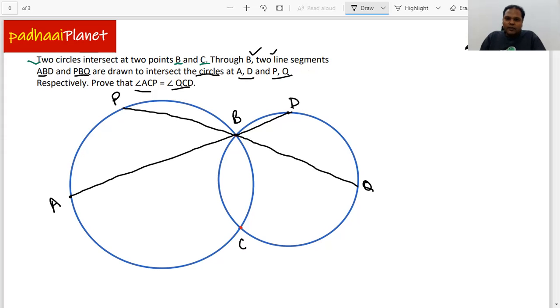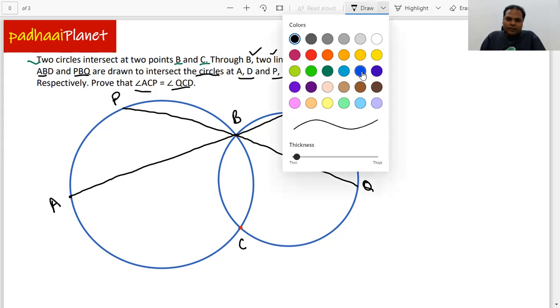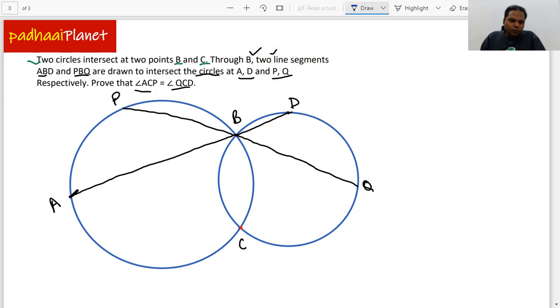Now the point is, where are these angles? We need to see. So ACP, A is here, C is here, and then P is here. So we need to make some connecting lines so that we can properly see the angle which is being discussed in the question.